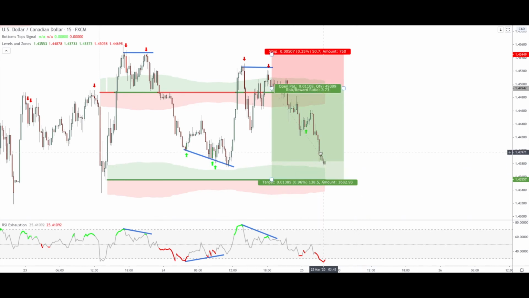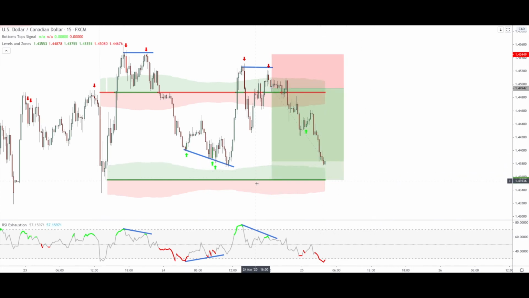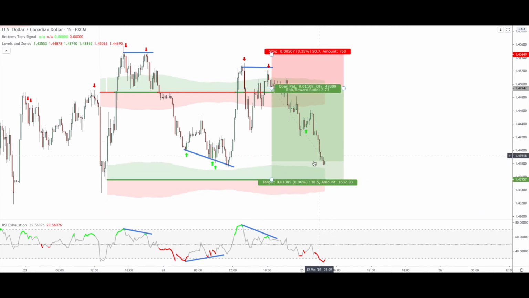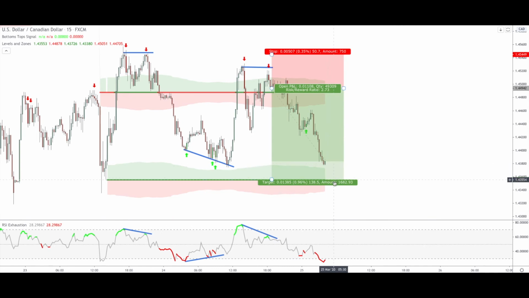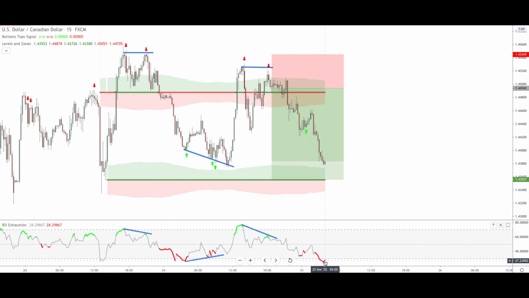Now it's slowing down a little bit, probably because, as I said before, this support is having a strong impact on the strength of the price. But the fact that the RSI is now oversold and exhausted and the price keeps moving lower should tell us that it should move even lower, because in this situation the RSI could stay oversold and exhausted for a prolonged period of time.